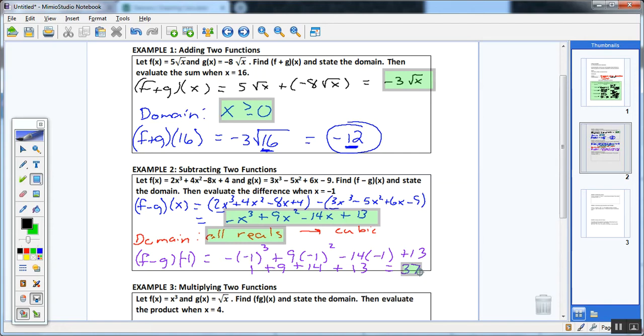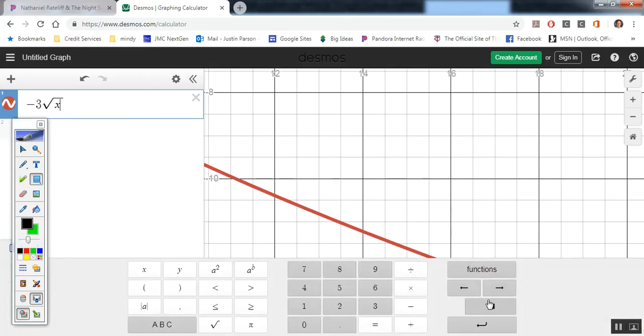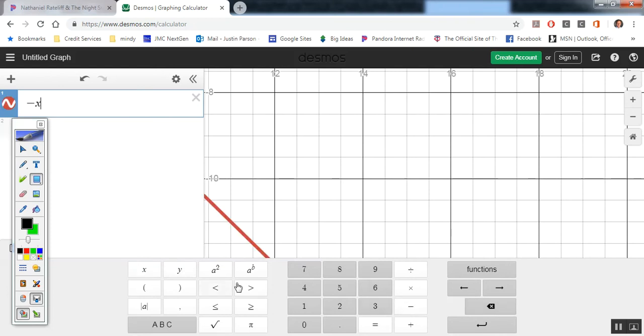Okay. How many agree that my domain is all reals? Cubic function, okay? And I can't put in for x. If I wasn't sure, where could I go, kids? What was the function we came up with? Somebody read that to me. It was negative x to the what? Negative x to the third.